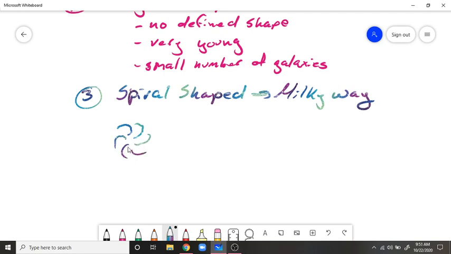It has these arms, and it seems to be spinning really fast. The way that I drew it, it looks like it's going in this direction. If you were to approach it from the side, you would see a central disk and a bulge in the center.